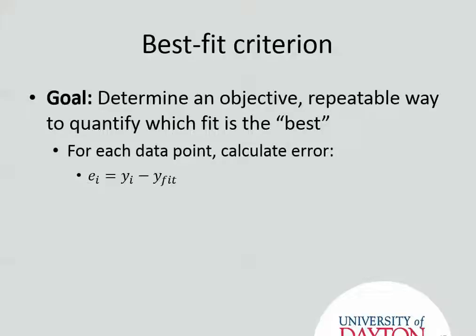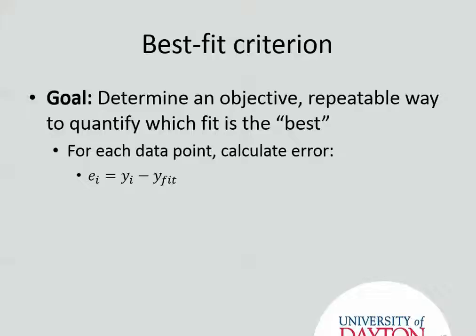We could call that something like x fit sub i and y fit sub i. The x value is the same for both my x sub i and my x fit sub i. Those have the same x value. The difference is the y value, right? Those are 2 different y values. The one up here, the one down here. And then the difference between those is what I call my error. So this is my e sub i, the difference between those 2 values.